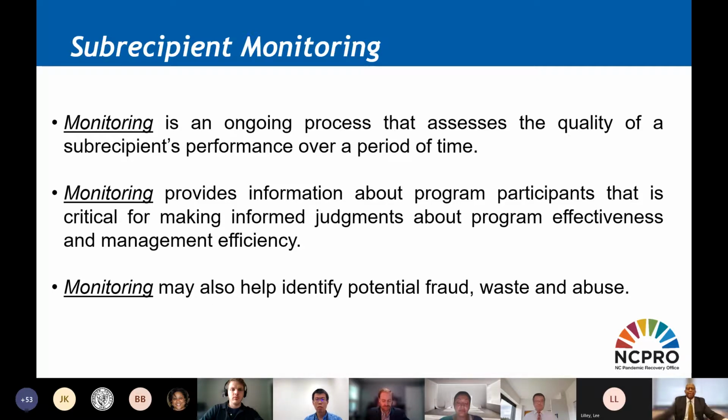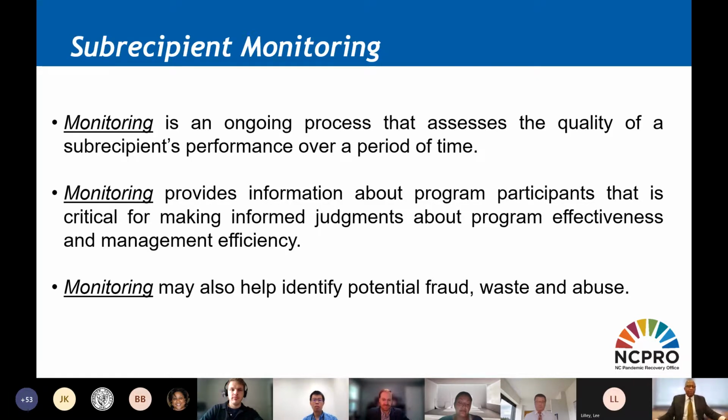Monitoring provides information about program participants that's critical in making judgments about the program's effectiveness and the management of that program, their efficiency in doing so. Now, monitoring that we are expected to do with these grant funds is not considered to be a gotcha exercise. We don't even call it an audit.